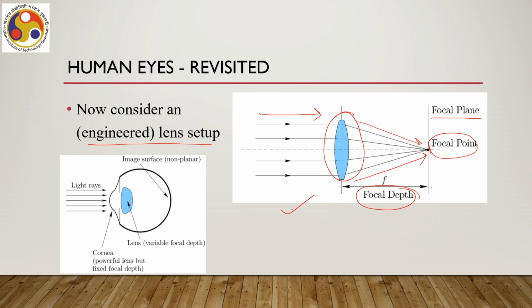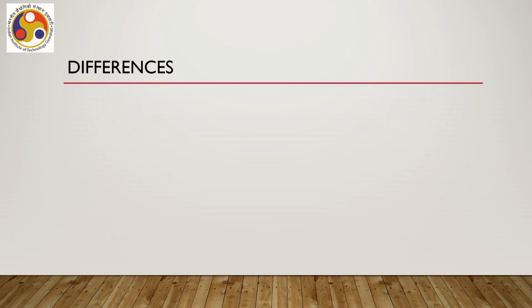Try to understand this concept with respect to the natural human eye shown here. So, what are the differences between the natural human eye and the engineered lens setup? There are a few differences that we can highlight.